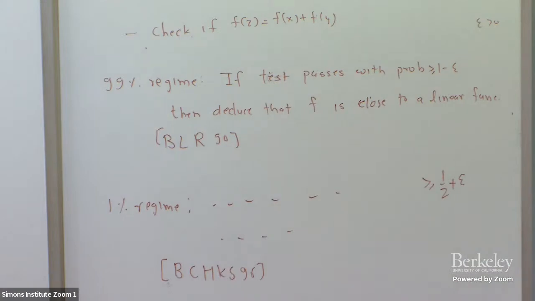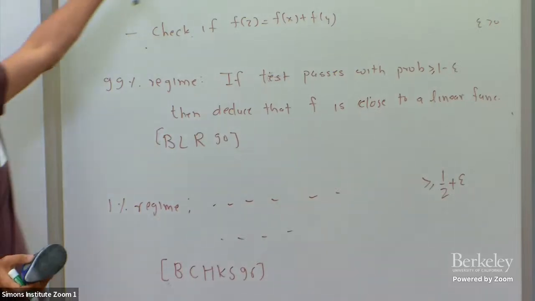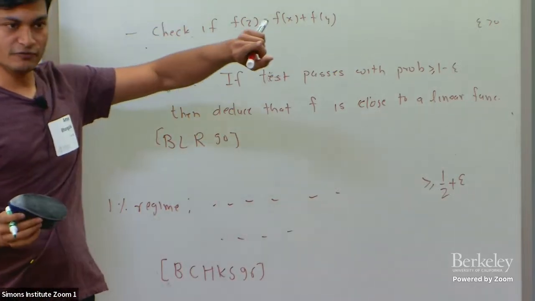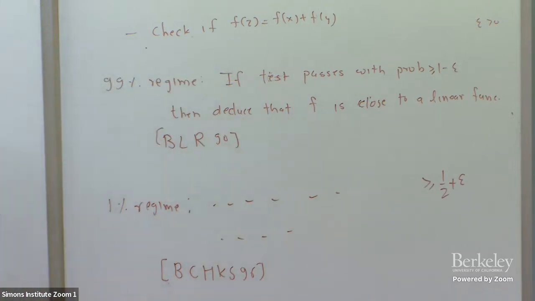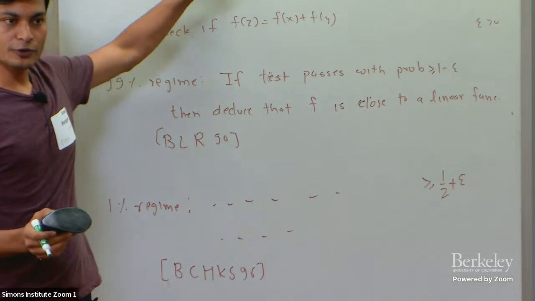So let me move to the biased linearity testing. This is again the same problem. We want to test whether f is a linear function or f is far from a linear function, but we are restricting ourselves to the case where each of the queries is distributed according to a p-bias distribution.